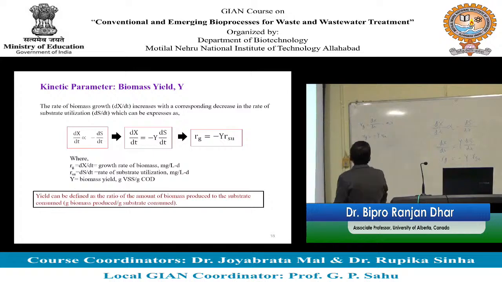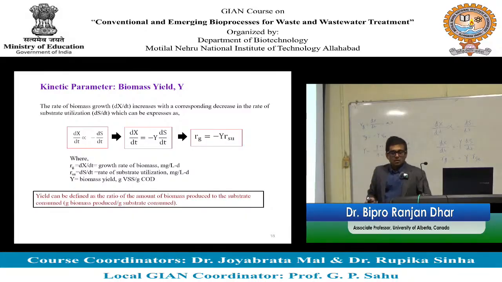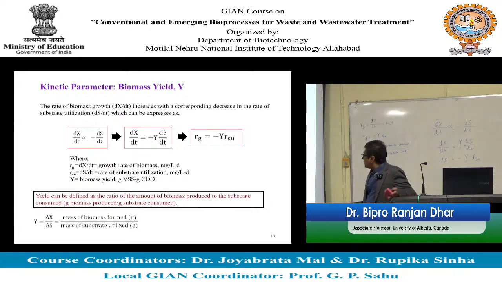So yield is basically grams of biomass produced over grams of substrate used, that is, mass of biomass formed over mass of substrate utilized.